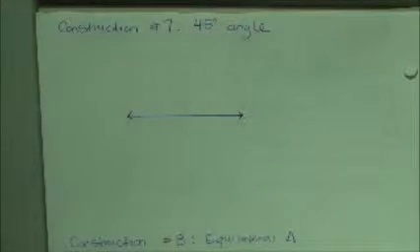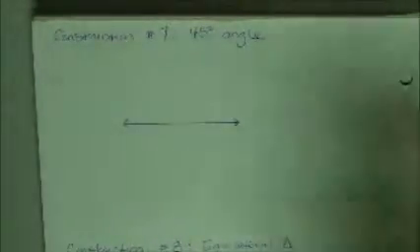Your second construction for today, which is construction number 7, is a 45-degree angle. With the 45-degree angle, your first step is going to be to drop the perpendicular. Remember, half of 90, 90 divided by 2, is 45. So I've got to make a perpendicular. I already know how to do that, right?